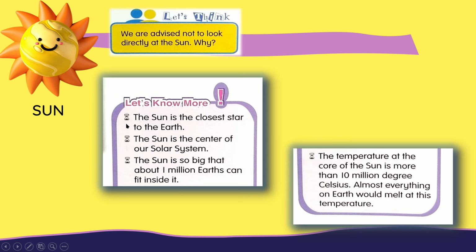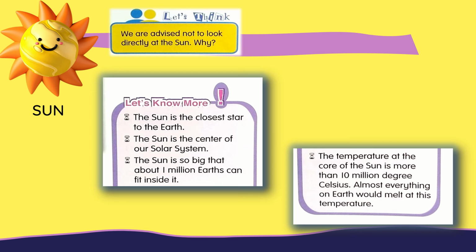Okay? The sun is the center of our solar system. So the sun is so big that about 1 million Earths, oh my God, about 1 million Earths can fit inside it.